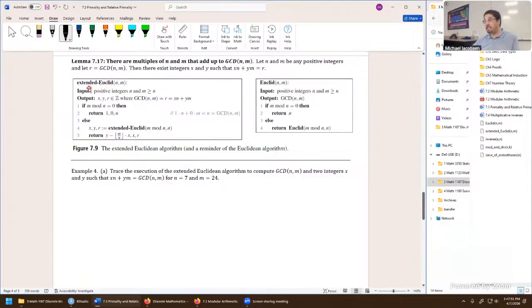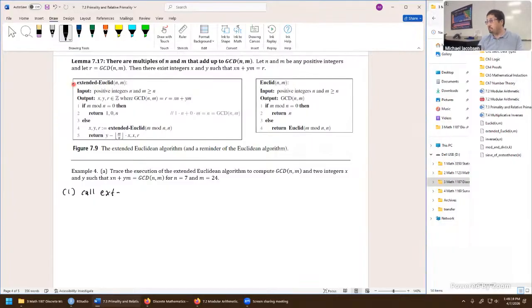We're going to execute extended Euclid to compute the greatest common divisor of n and m, and find the integers x and y that solve this equation here for 7 and 24. So let's go carefully and methodically. Step 1, we call, I'll abbreviate this just to shorten up the writing to ext for extended.